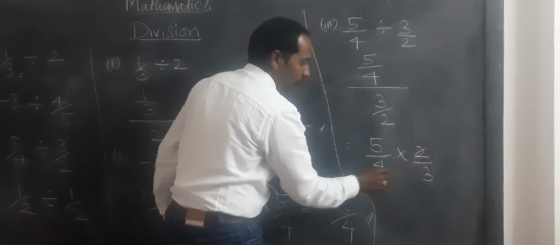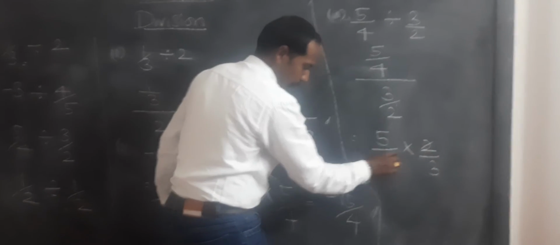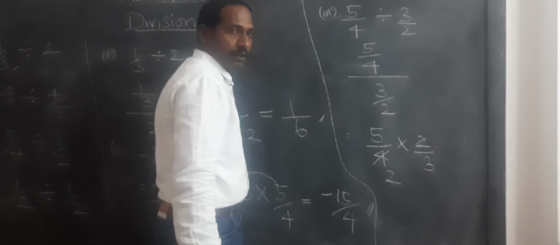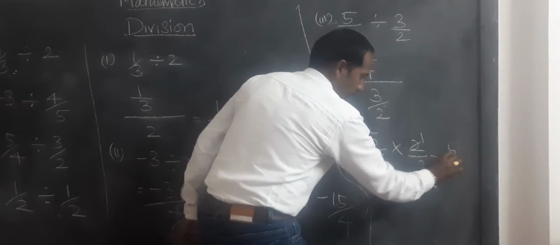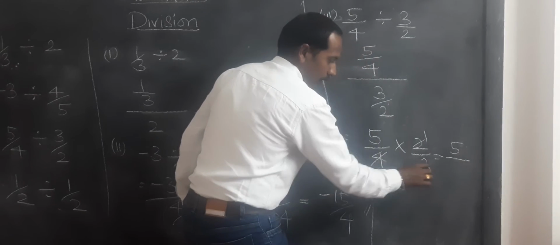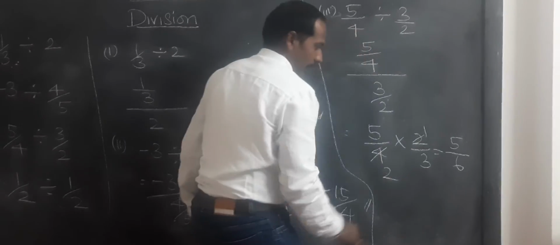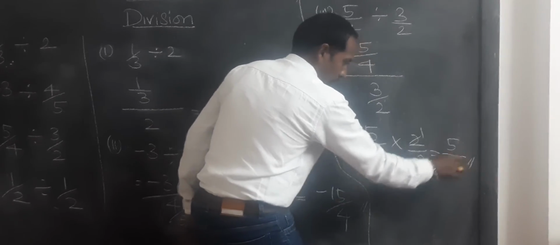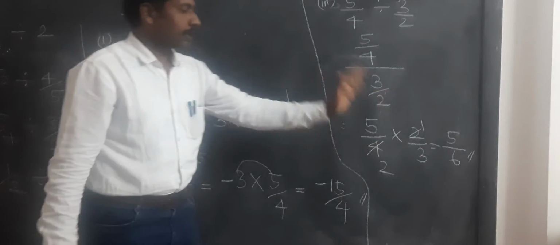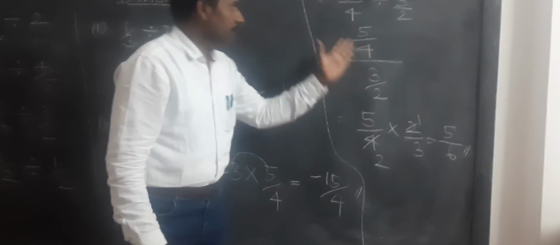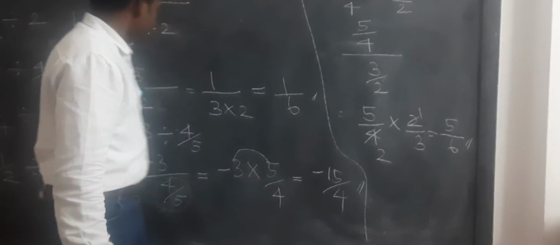Here it is possible: 1 to 2, then 2 into 2, 4. So you multiply 5 into 1, 5, divided by 2 into 3, 6. This is the answer, because there is no possibility to simplify these two numbers. This is the final answer for the third problem.